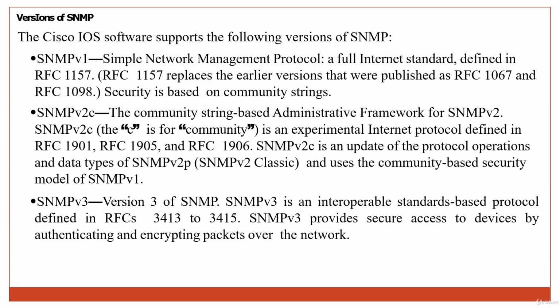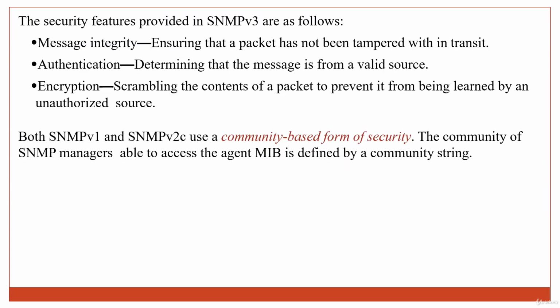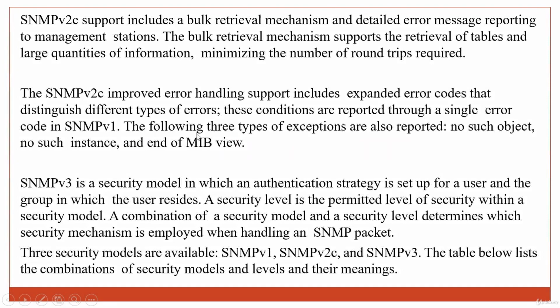Then we have version 3, that's the secure model. Version 3 is supporting, say for example, message integrity, authentication and encryption. Now there is a huge improvement with respect to version 1 versus 2C, and you see that still most of the organizations are using community based version 2C. Why? Because they can do bulk retrieval of data. That's obviously the tables and large quantity of information.